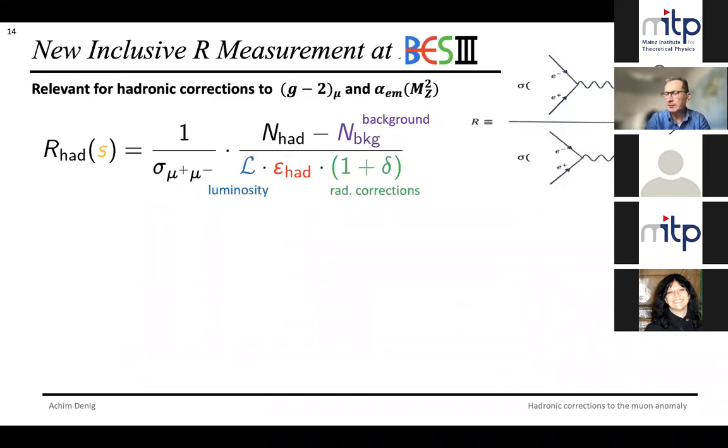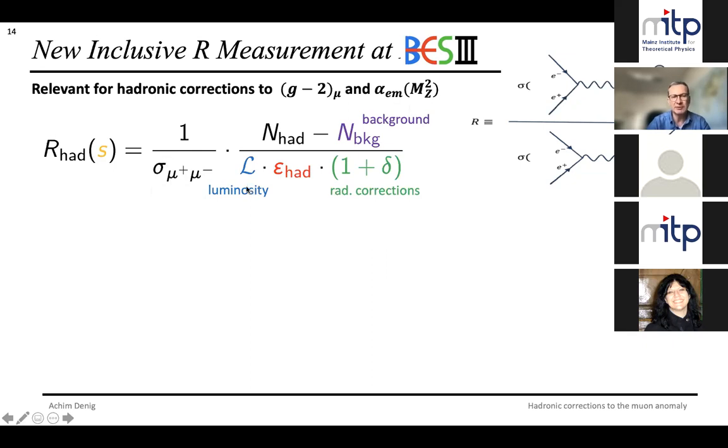I also would like to mention a new inclusive R measurement, which was published this year. This is relevant for g-2, but first of all to the running of the electromagnetic fine structure constant at the Z pole, and therefore it's very important for electroweak precision physics. This is essentially also one of these R measurements where one normalizes to the 2 muon yield.